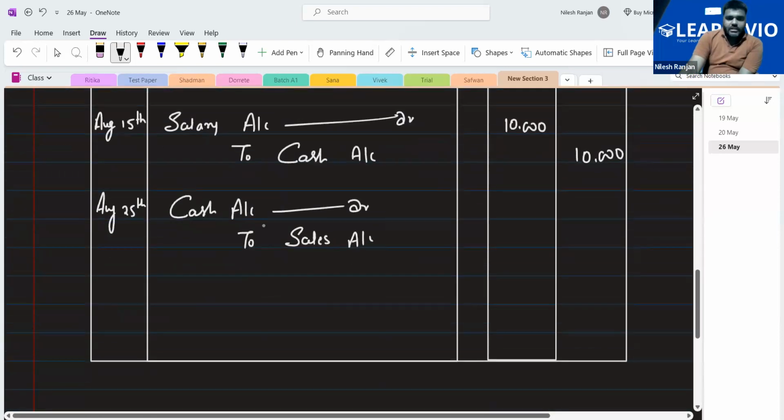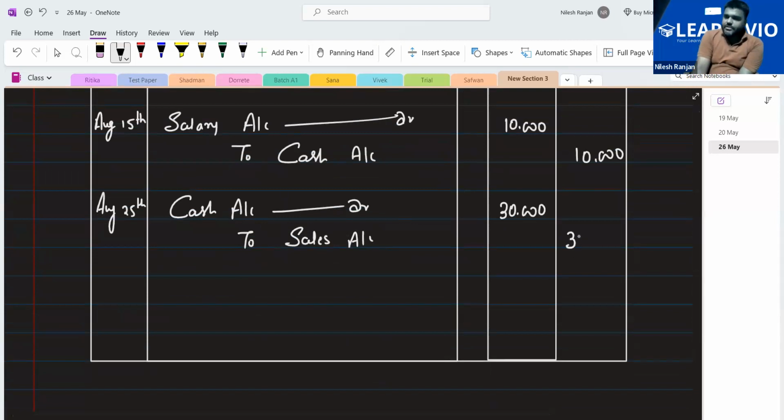Okay, one more thing I want to ask. In the second transaction, sold goods to Mohan, is it on cash basis or credit basis? Which one? Sold goods to Mohan. Cash. Why do you think it is cash?